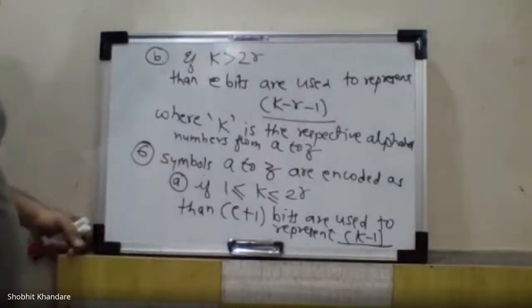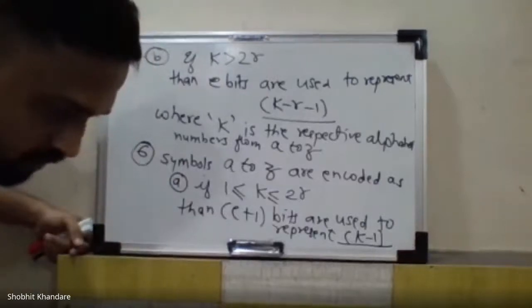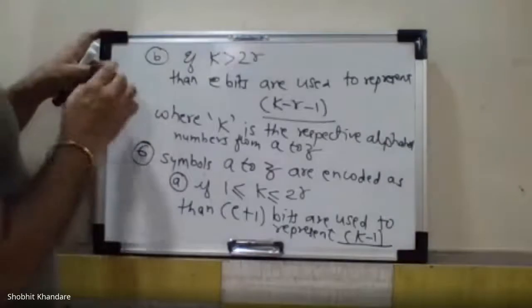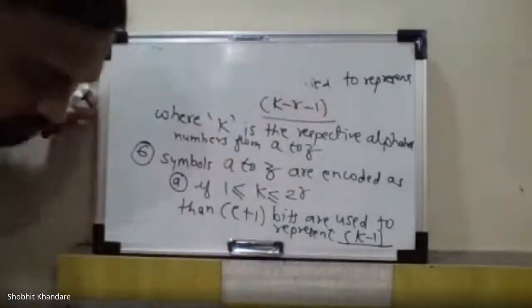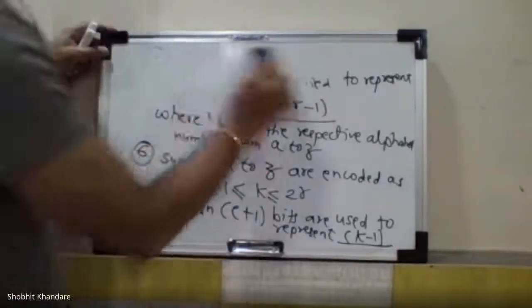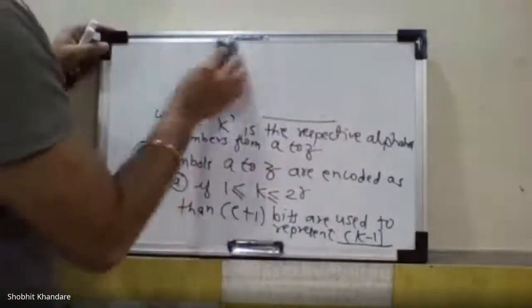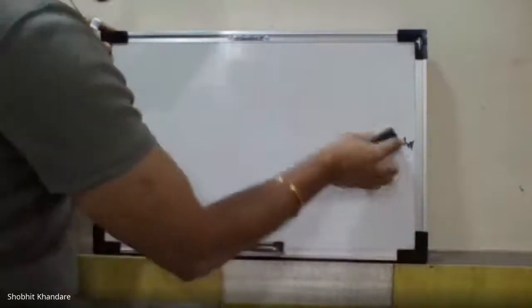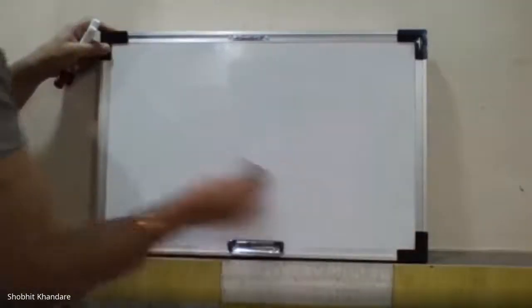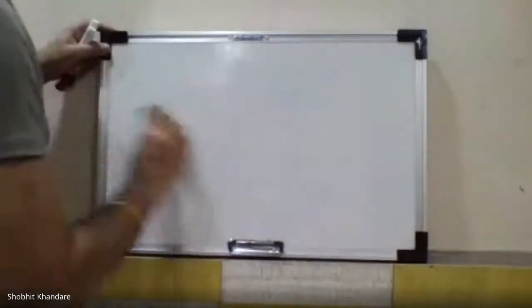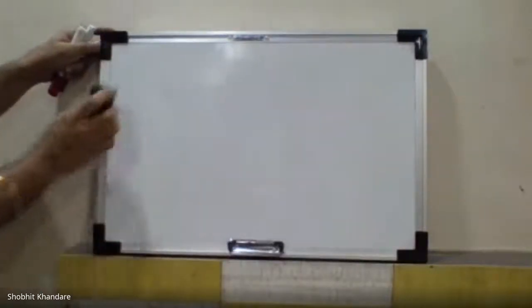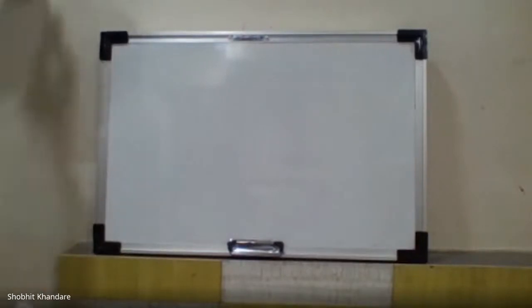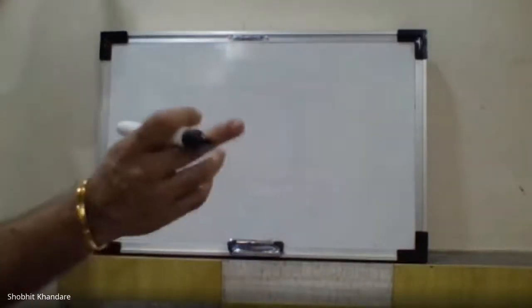Okay, so these are the steps. Now we'll take the same example for encoding. Shall I rub this part now? So we will start now.